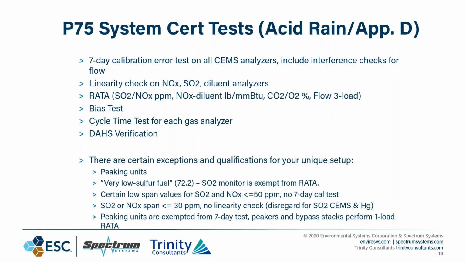Then a 3-point linearity check on your NOx, SOx, and diluent analyzers where applicable. Relative accuracy test, your RATA, for SOx and NOx concentration, NOx diluent in pounds per million, your diluents, and flow for stack flow, a RATA test, a bias test, a cycle time test for each gaseous analyzer, and the DAS verification.